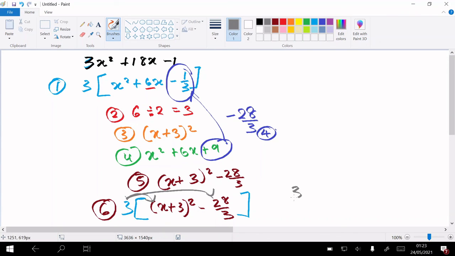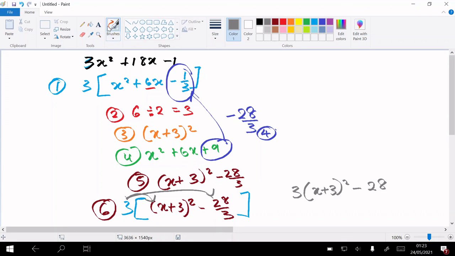So that would be 3 bracket x plus 3 whole squared minus 28. Hope that was useful. Exact same method, nothing has changed. It's just a fraction at the end to make it a bit trickier.